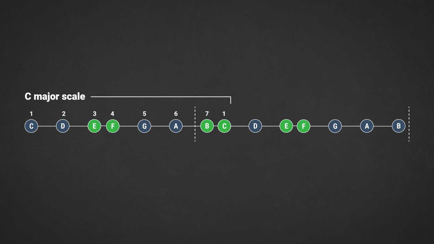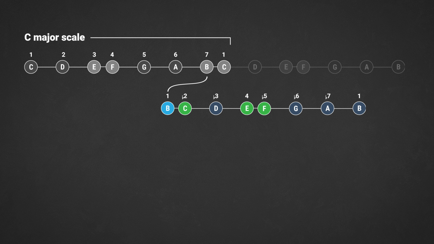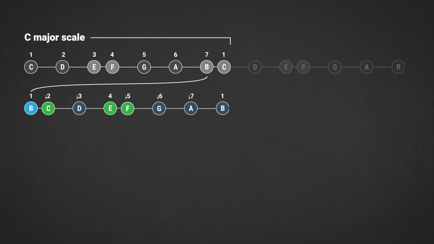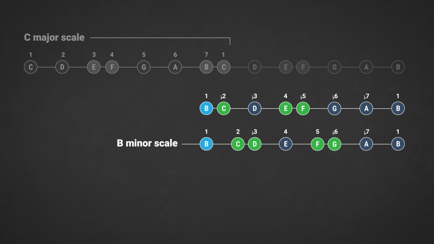Now if we start on the last note of the C major scale, then we play the scale from the note B to the next note B. By doing this, the half steps are shifted again and are now located between the first and second note and the fourth and fifth note. It has a minor third, so it is a minor type of scale, but again, when we compare this to the natural B minor scale, then we see two differences.